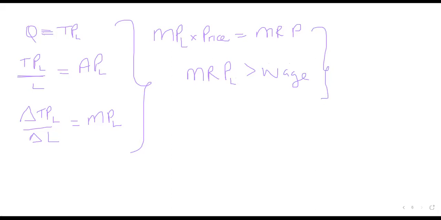Right. So suppose we have 10 workers and each laborer produces 1,000 units. So our laborers are 10, and suppose the total product of labor for these 10 laborers is 10,000.